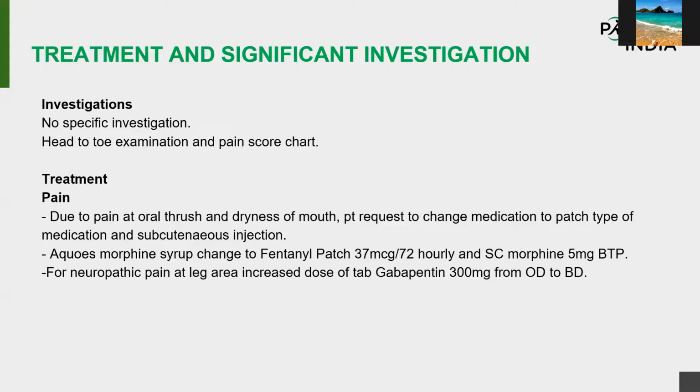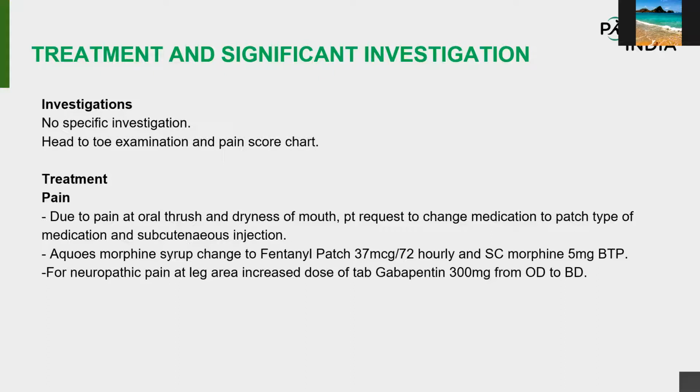Assessment. So the treatment for the pain, due to the oral thrush and dryness of the mouth, because the patient claimed the aqueous morphine caused her mouth to become dry and painful. So the patient requested to change the medication to fentanyl patch and subcutaneous injection for the morphine.